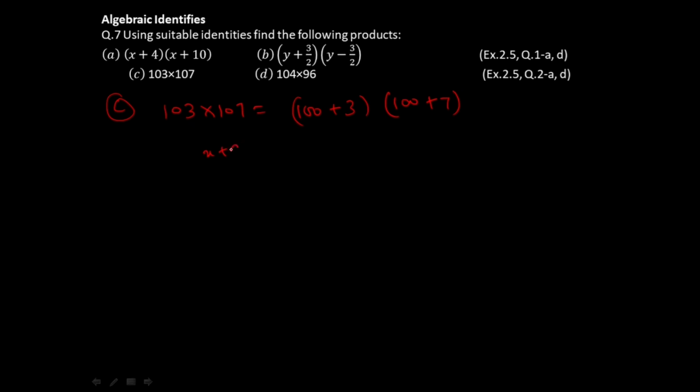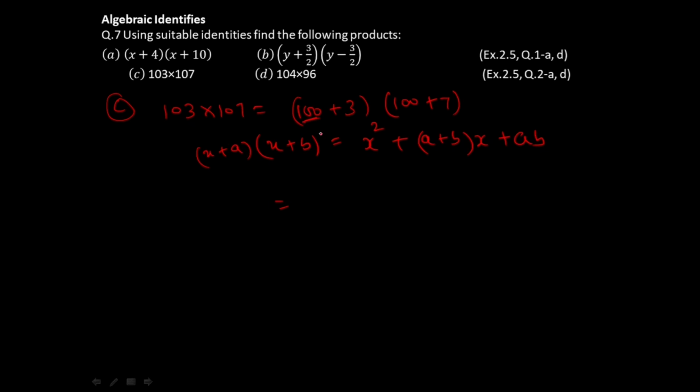This one: (x plus a)(x plus b) equal to x squared plus (a plus b) times x plus a times b. So if you compare this whole thing with this one, what is x over here? 100. What is a? 3. And what is b? 7.